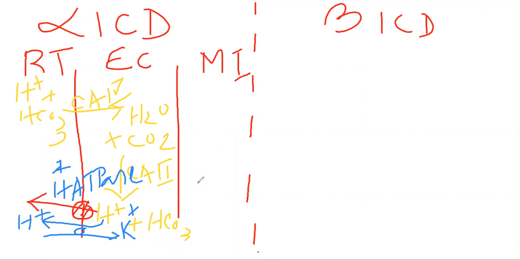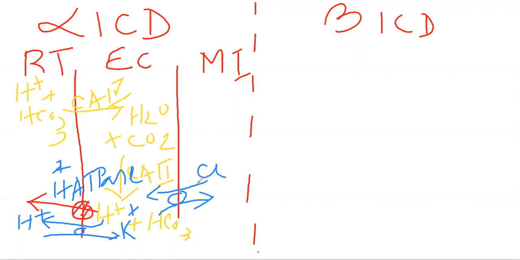So in this way, either by the H plus ATPase, which is the primary active transport mechanism, or by the secondary active transport mechanism, that is the potassium hydrogen ion exchanger, this hydrogen ion will be secreted in the distal part of the nephron via the alpha intercalated cell, and bicarbonate will be reabsorbed via the chloride bicarbonate exchanger.